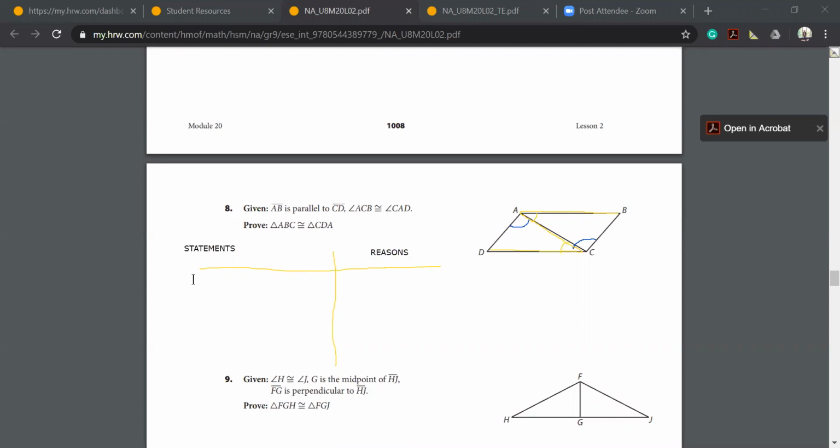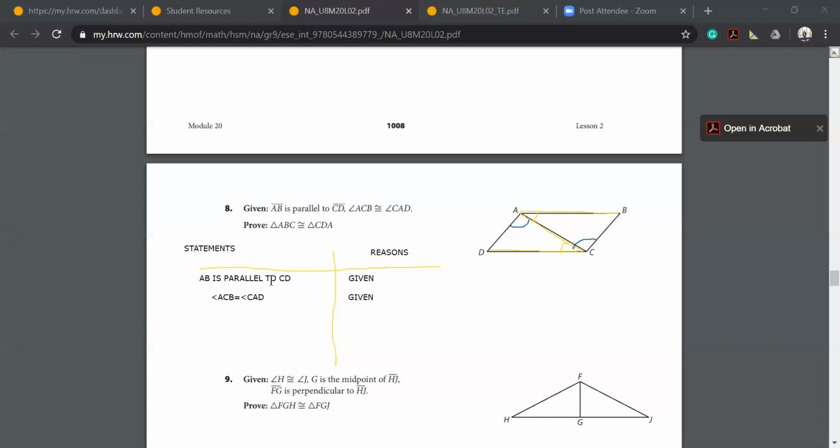The first thing is my given: AB is parallel to CD. Why did I write this? Because this is given. You can write here number 1 and this number 2. Angle ACB is equal to angle CAD. Again, why? Because this is again given.